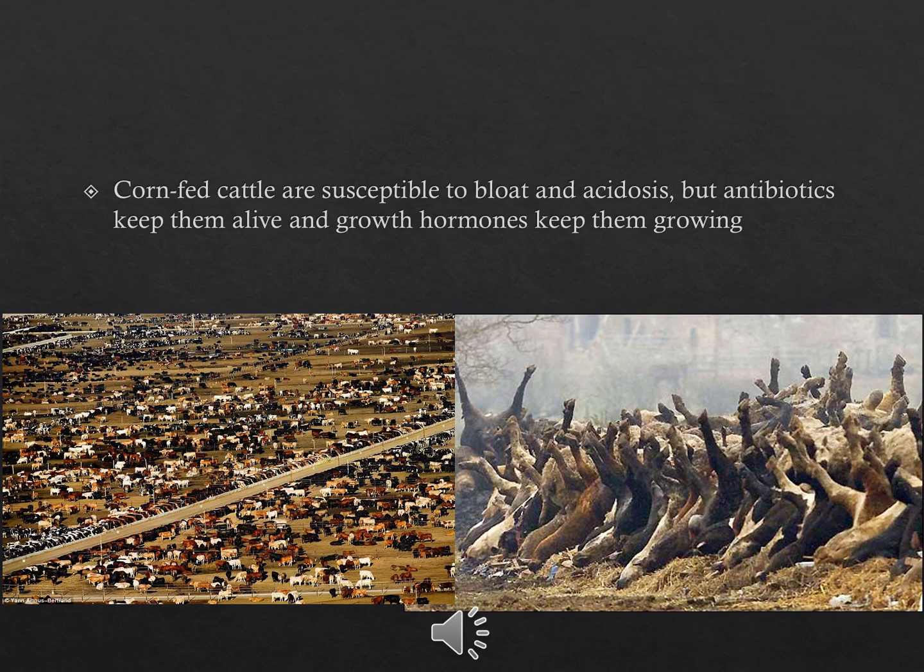So you've got to keep them alive as long as possible to grow them as much as possible. And it's thanks in part to those antibiotics and to those growth hormones, which can contribute to infertility and reduced sperm count in human males and premature maturation in human females, as well as the many negative consequences that all of this has created on the environment.